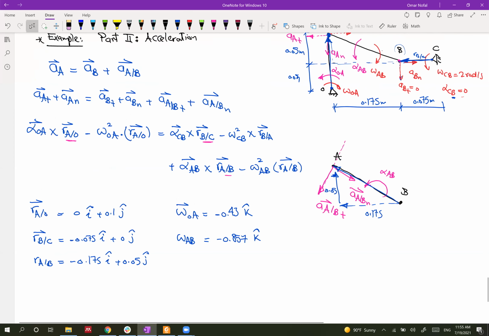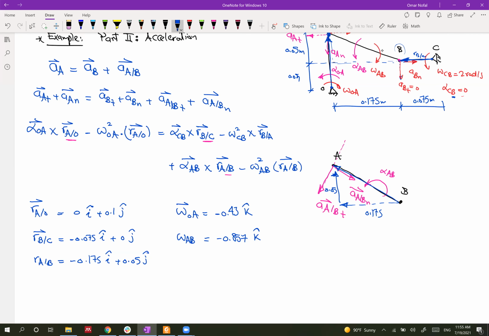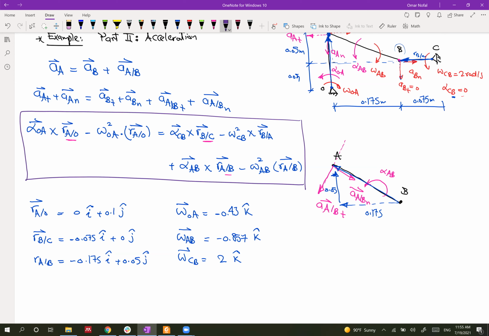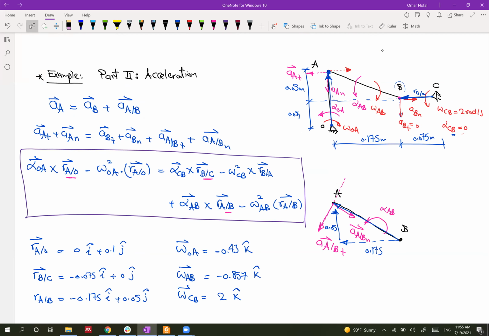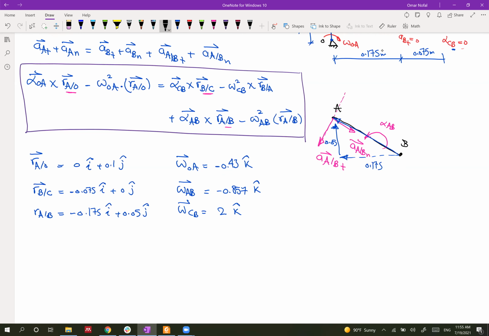And we are already given the omega of CB equal to 2 radian per second, and it's in the positive K hat, 2 in the K hat direction. So right now I can solve this equation. I have everything. So let's start with the equation. So alpha OA, so let's move back here and actually let's draw a cleaner version of this problem.